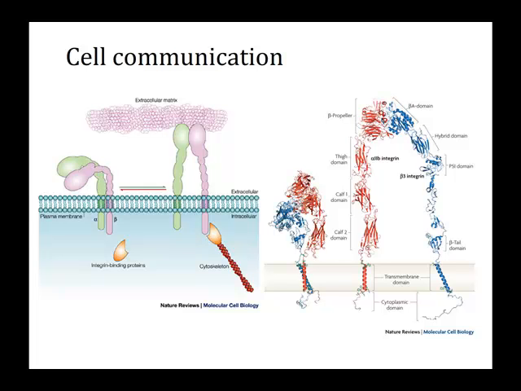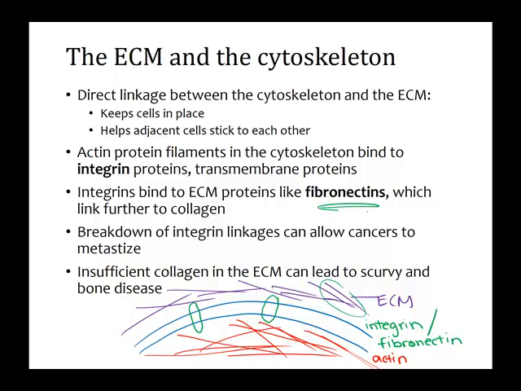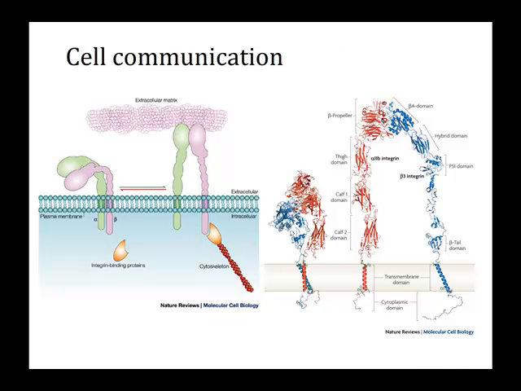This is what all this big mess of fibronectin and integrin looks like. So again, we're looking at fibronectin and integrins right here. You don't really need to know this stuff, but just for shits and giggles. Here's our actin filaments on the inside. That's the cytoskeleton of the cell. Here's our fibronectin right there.